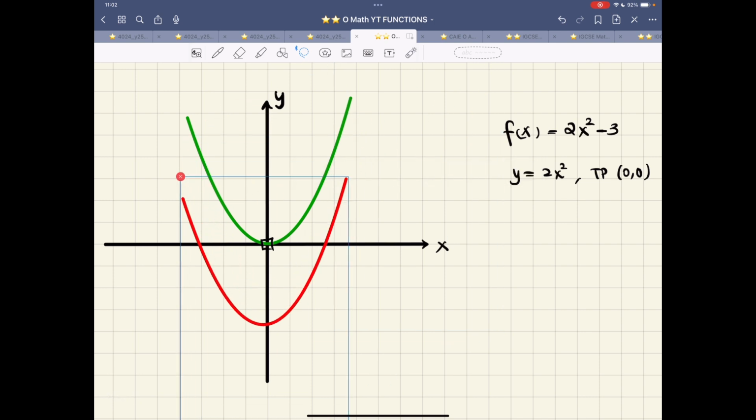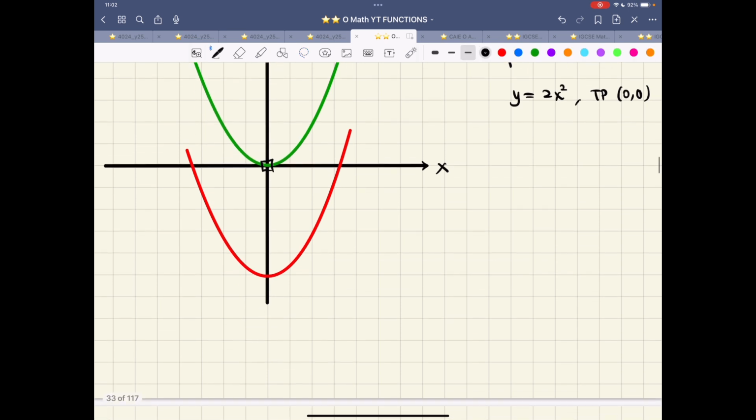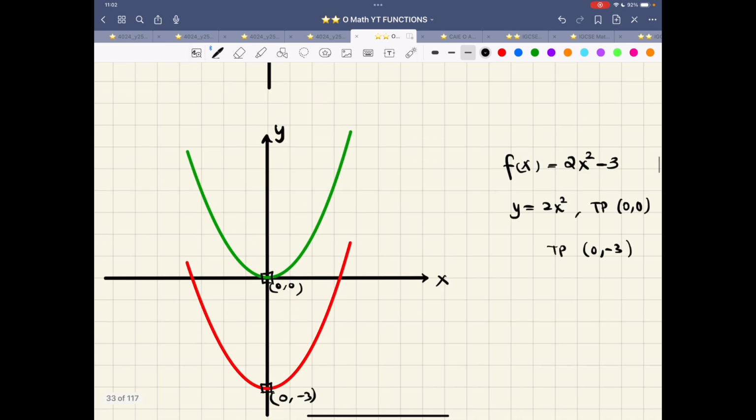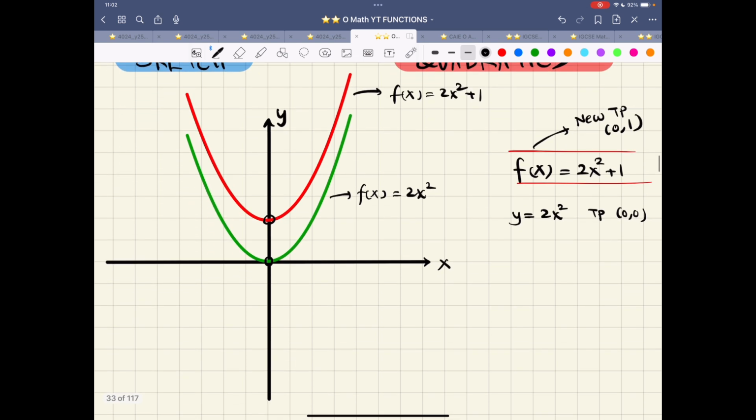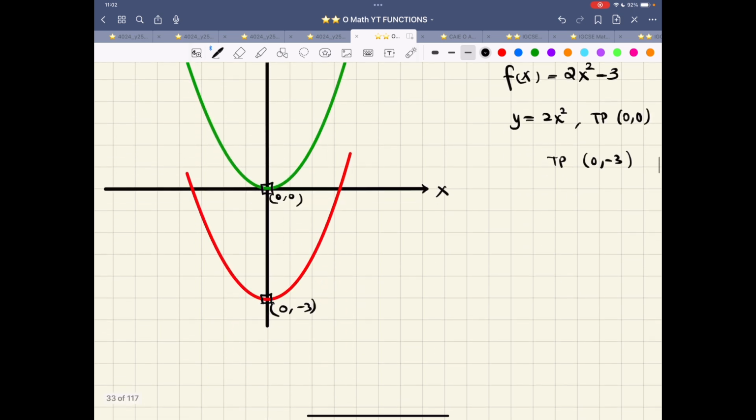So let me shift it 3 units down. This is just approximate. Therefore the turning point 0, 0 has now shifted to 0, negative 3. So 0, 0 becomes 0, 1, and 0, 0 becomes 0, negative 3.